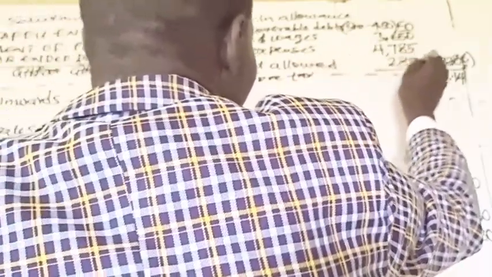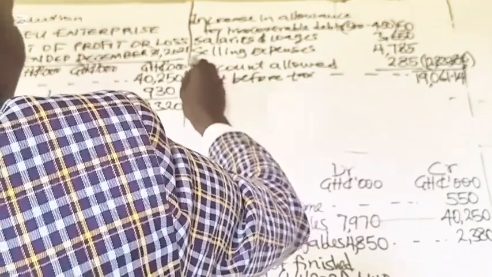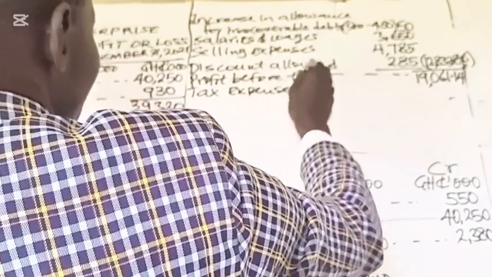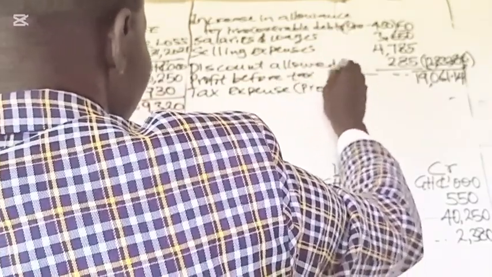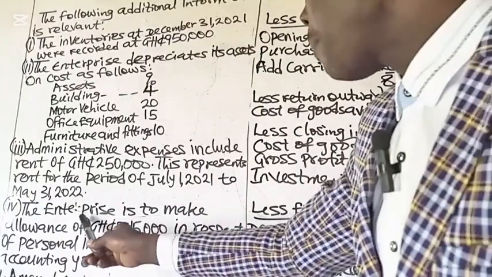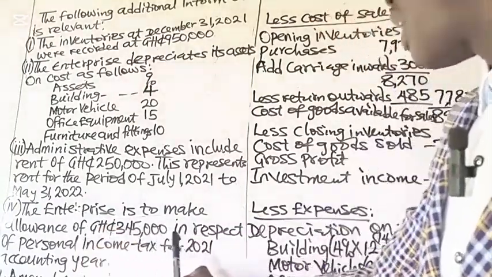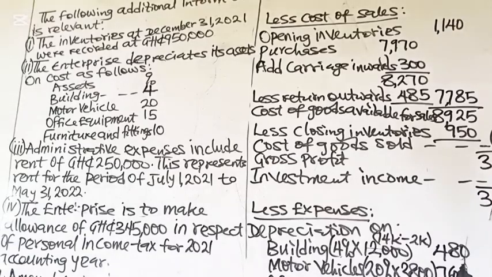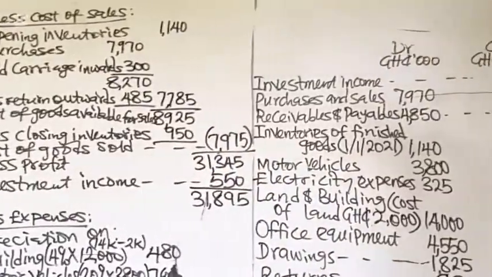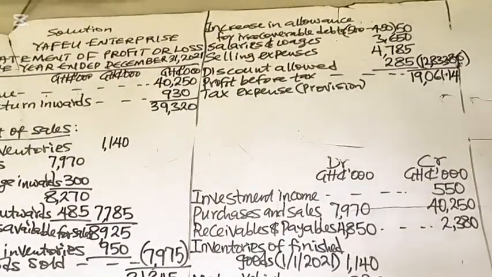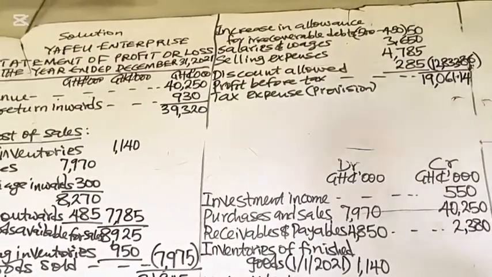After this, we want to consider the tax expense or tax provision. And this is given in the additional information, Note 4. You were told the enterprise is to make an allowance of 345,000 in respect of personal income tax for the 2021 accounting year. So a provision of 345,000 was made during the period for personal income tax that will be deducted in order to arrive at profit after tax or profit for the year.